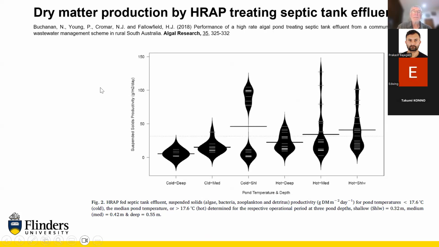Okay, so here we are now. You'll note here that this is the first time I've talked about suspended solids. And I've called it suspended solids because of the photomicrographs, the images I showed you of how algae grow in wastewater ponds, in high rate ponds.